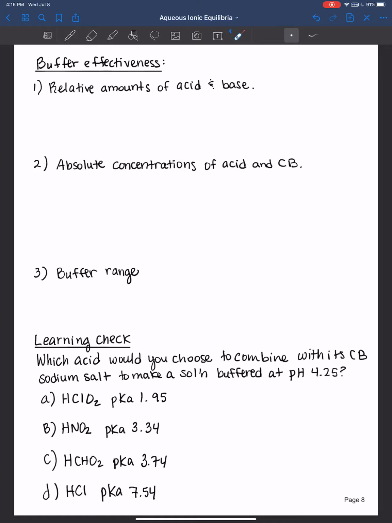It's most effective when the concentrations of weak acid and its conjugate base are equal.